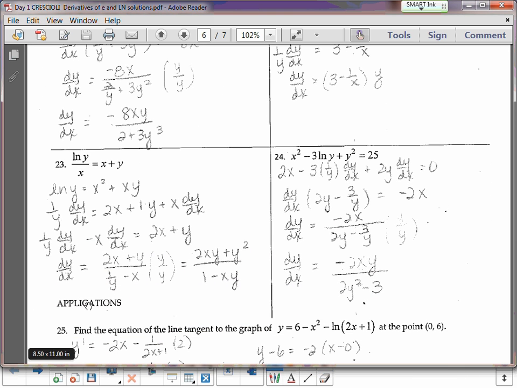Okay, so with 23 here, you could have done quotient rule, but it's going to be easier for you if you multiply the x over and do product rule. Now, if you do quotient rule, you end up with something that looks like a different answer, but it's actually just an algebraic manipulation.